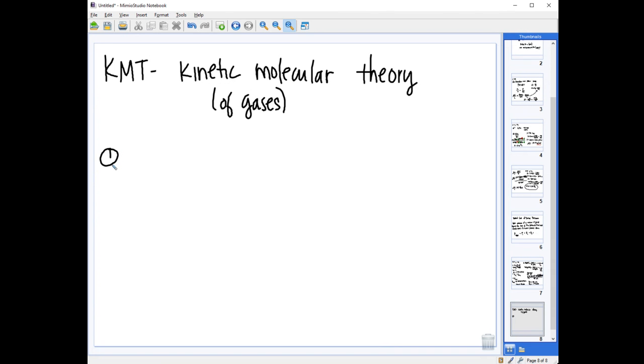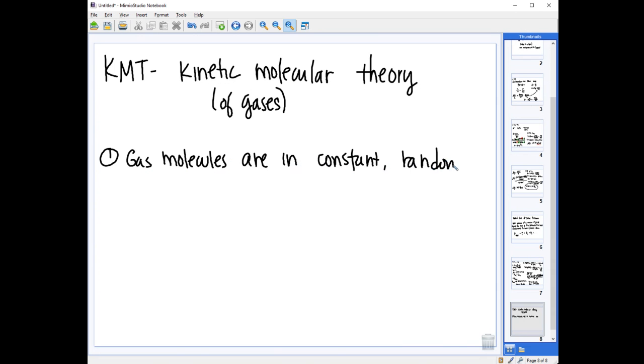That gas molecules are in constant random motion. They have more energy than solids or liquids, we know that. So they're in constant random motion.